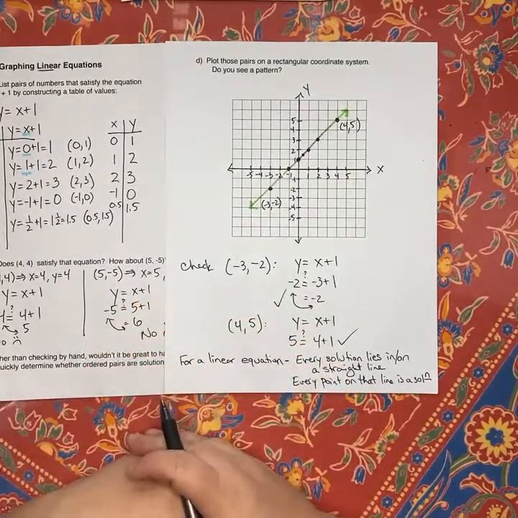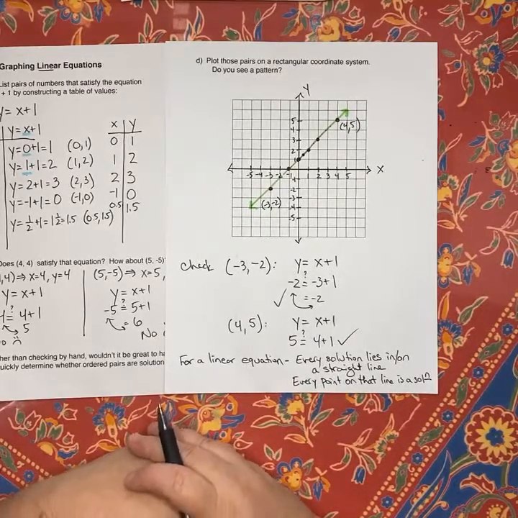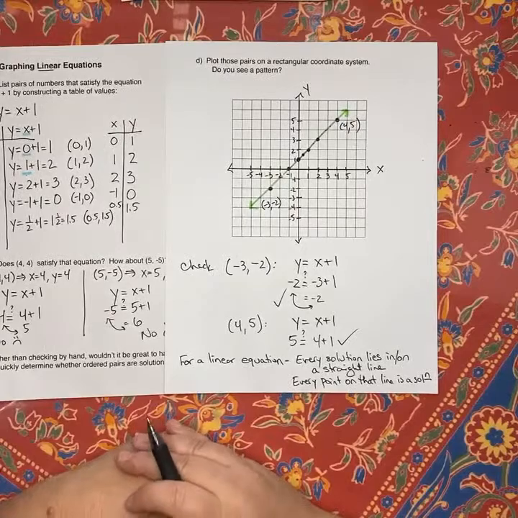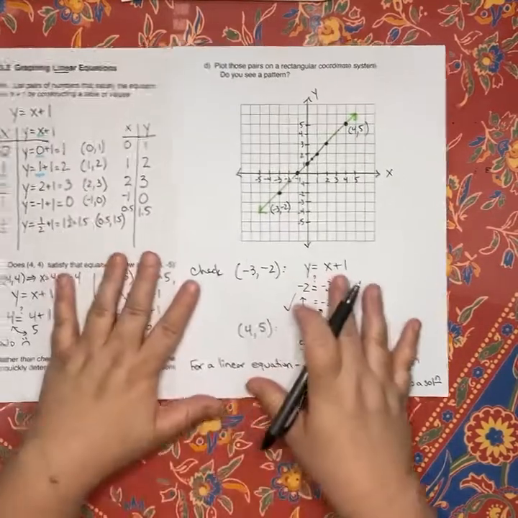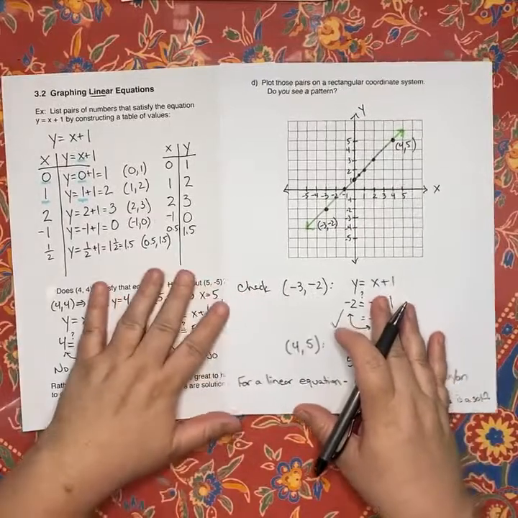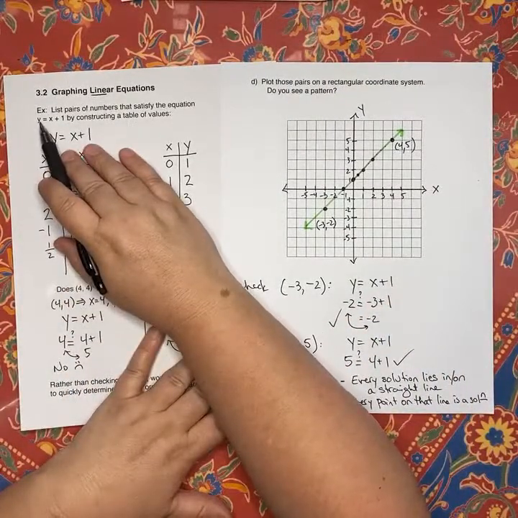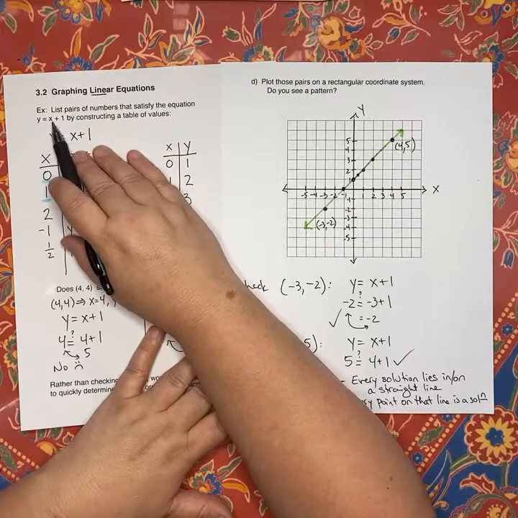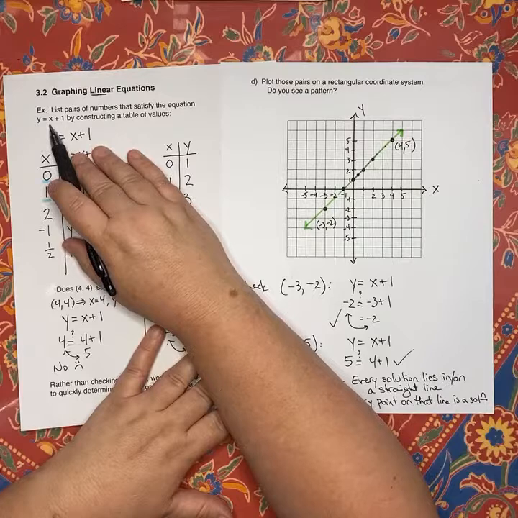Well, the silly answer, the easy answer is it's all the equations we will give you in this chapter. And that's a really terrible answer. But basically, a linear equation will usually have a y and an x. And you notice how neither one is squared and neither one is square rooted.